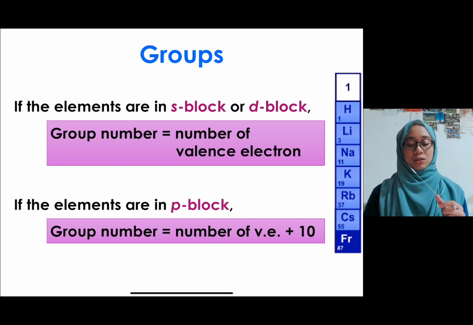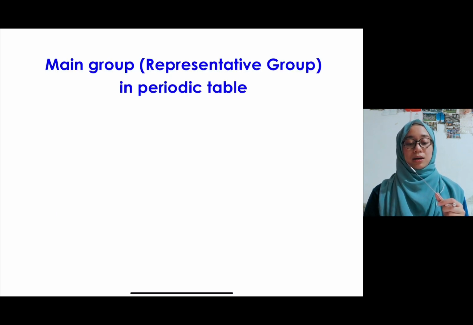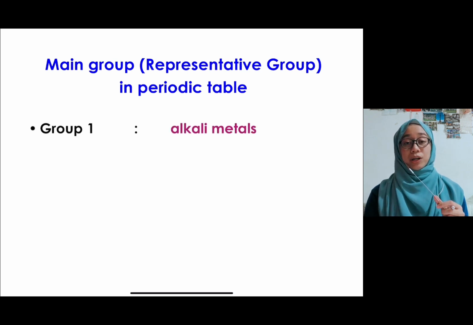Okay, so before we learn what S block, D block and P block are, let's look back at the main groups in the periodic table. This one I think we have learned in topic 1, if I'm not mistaken, where group 1 is what we call the alkali metals, and then group 2 is the alkaline earth metals.